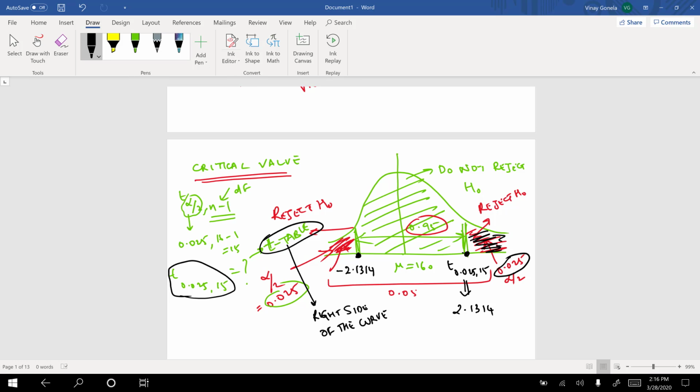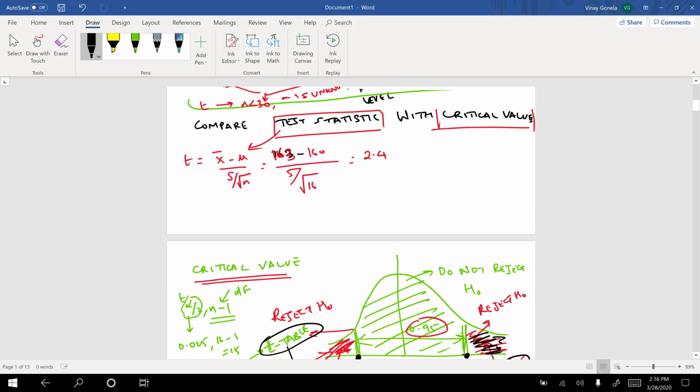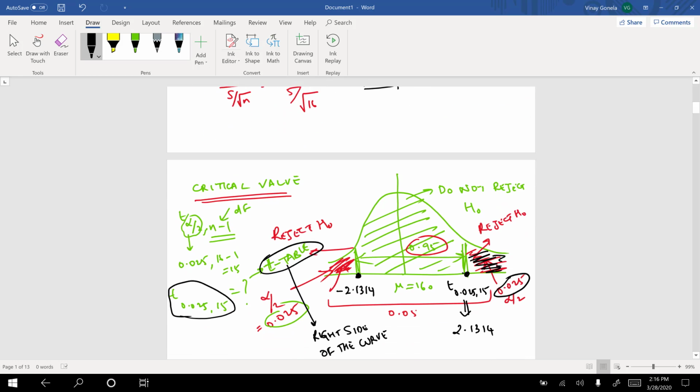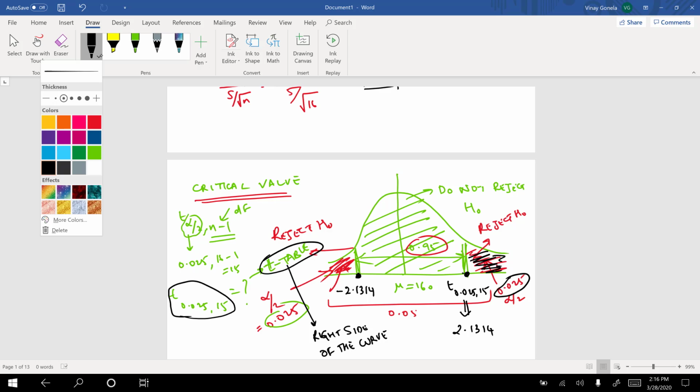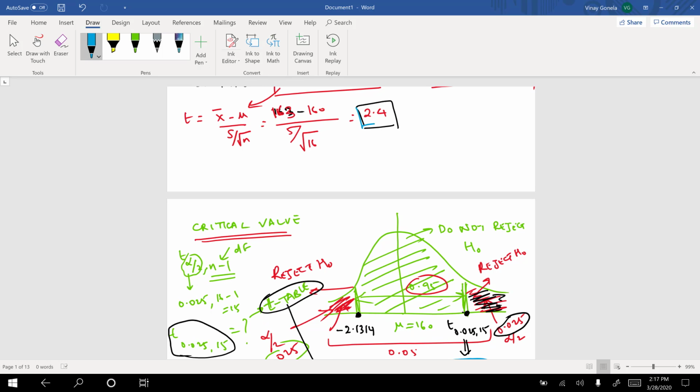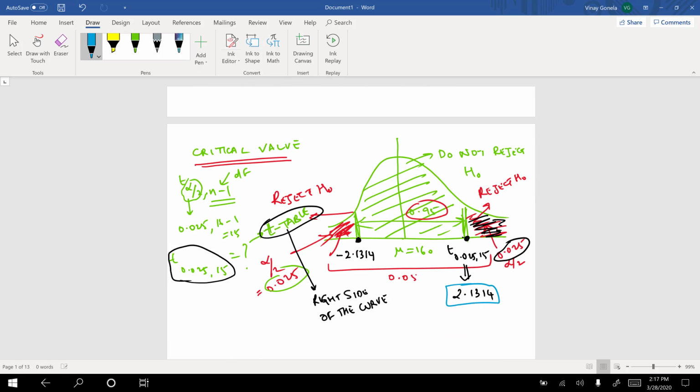Now I'm going to compare: where does 2.4 lie in this normal distribution curve? I know this is 2.1314, and I'm looking for 2.4, so 2.4 will be somewhere here.